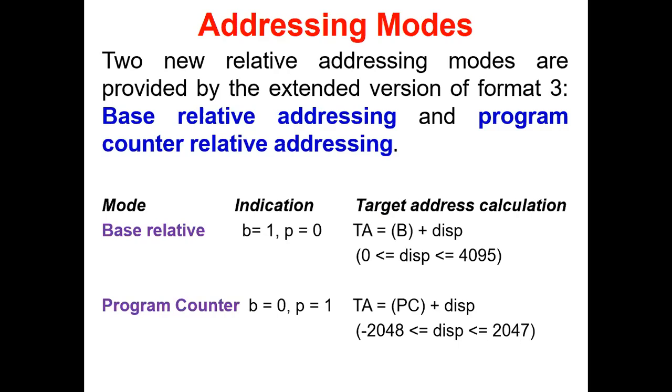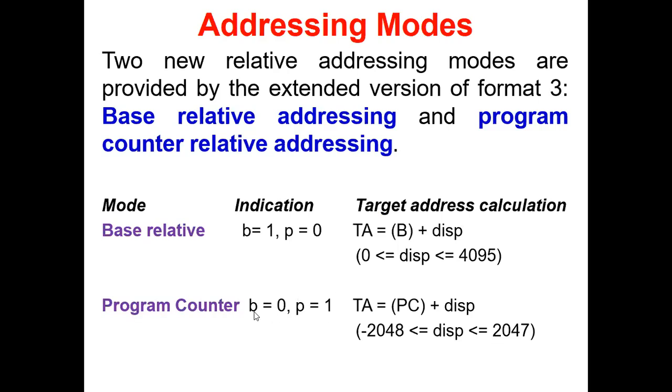You can see there that you can calculate the target address. That means the address of a particular memory location you are interested in. So if B is 1 and P is 0, then the target address is calculated by taking what is in register B plus the displacement. Okay.